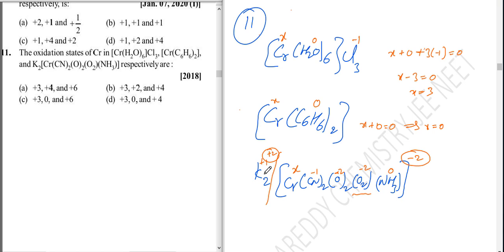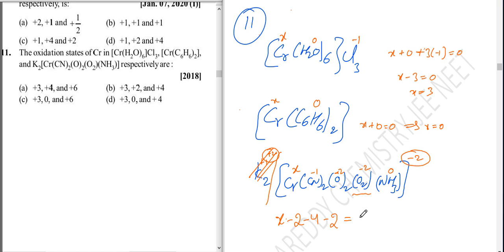Here potassium oxidation number +1, total +2, that means on the bracket -2. Chromium oxidation number we don't know, that is X. Cyanide oxidation number -1, so -1 into 2, -2. Oxygen oxidation number -2, the total -4. Here peroxide oxidation number is -2, we are talking about this bracket only, now you can forget about the rest.